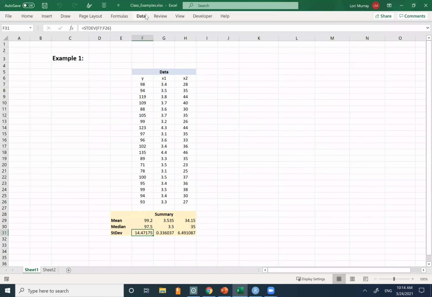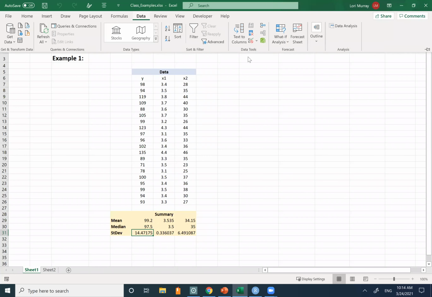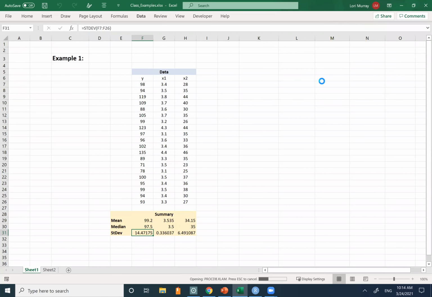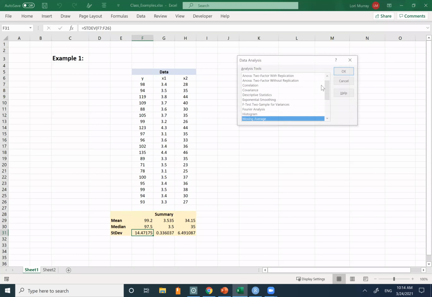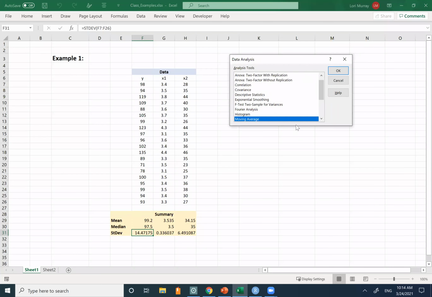And what you can do then after that is just click the Data tab along the top. So you click Data and go over to the right to Data Analysis. So Data Analysis Tools, that's the add-in package. Just click it and you'll see you get a list of different analysis tools.